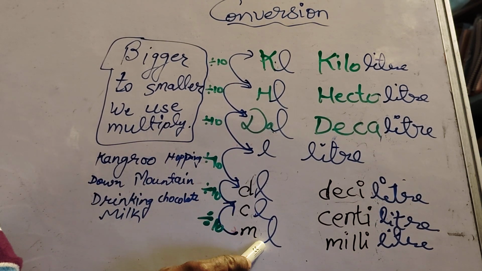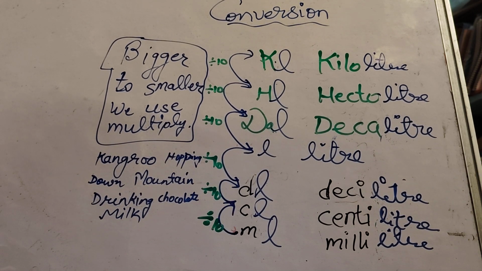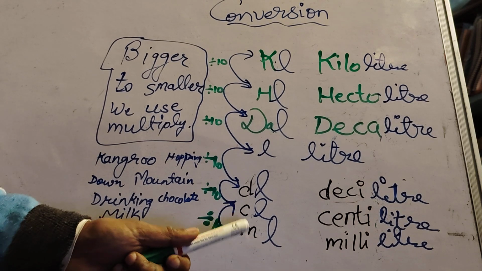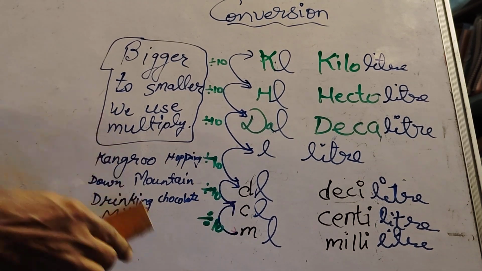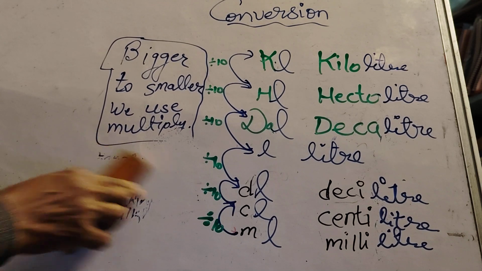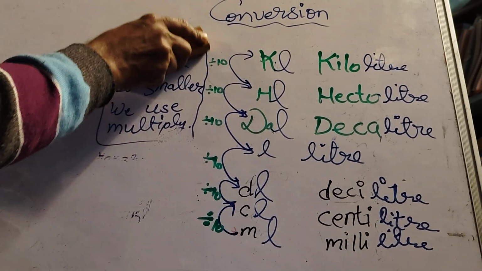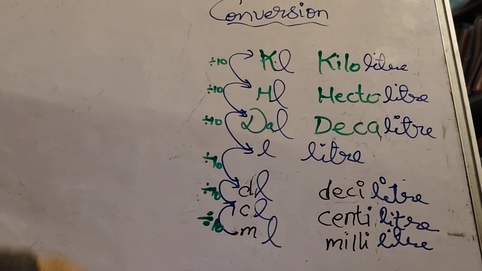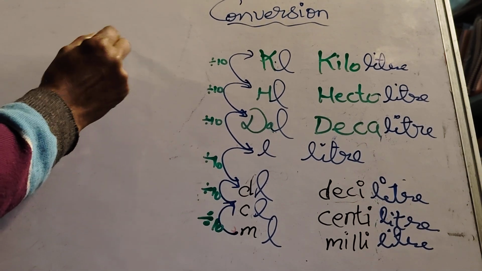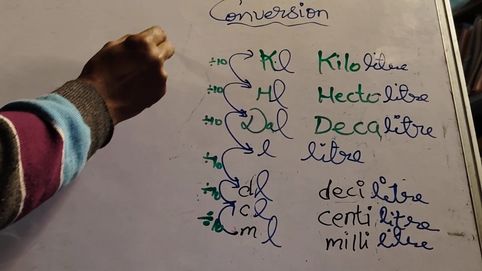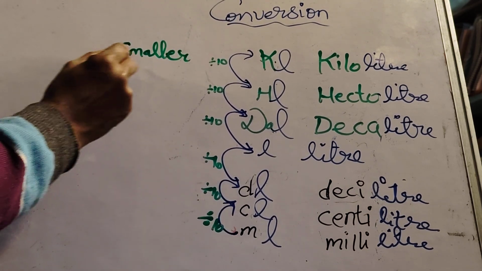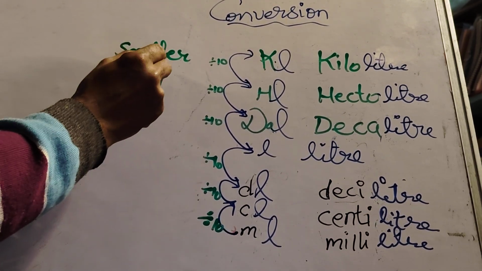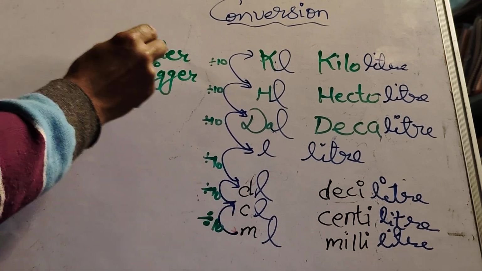If the question is asking in this way: 1 milliliter equal to how many centiliter? Suppose now we make the question. This time we are moving from smaller to bigger. What do we do from smaller to bigger?